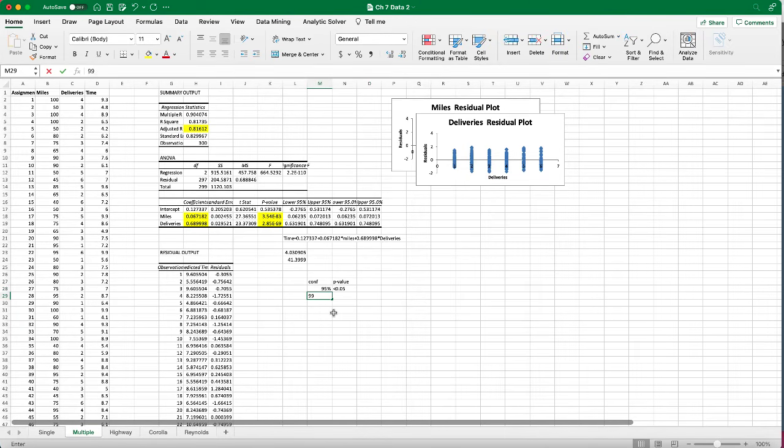If it's 99%, then 1 minus 0.99 is 1%, so we're looking for a p-value that's less than 0.01, and then we will say that it's statistically significant. Typically we use the 95% confidence and a p-value less than 0.05.